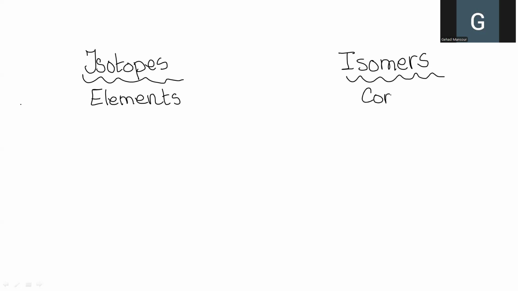So when we mention isotopes, we are talking about elements. Whereas when we mention isomers, we are mainly talking about compounds, not elements.